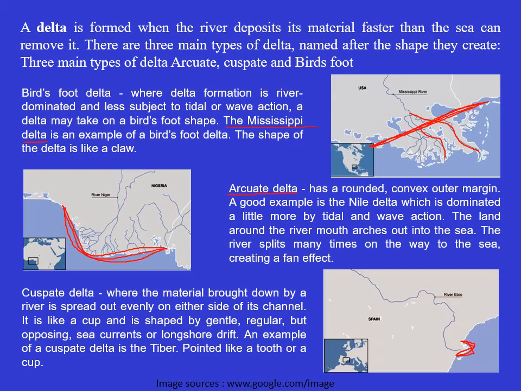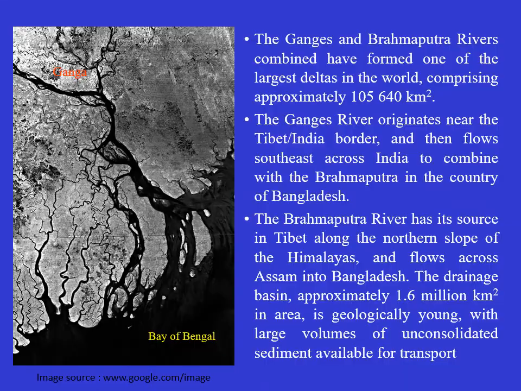This is known as cusped delta. Now the largest delta system found in the entire world is in India. That is the delta of Ganges Brahmaputra rivers combined. They comprise approximately an area of 1 lakh 5,600 square kilometer.